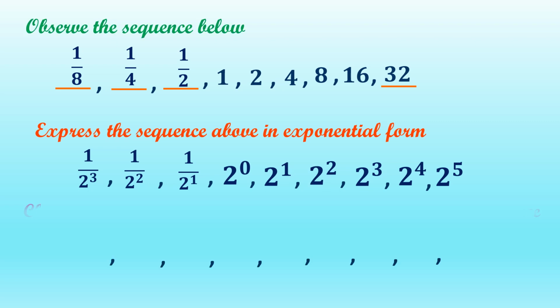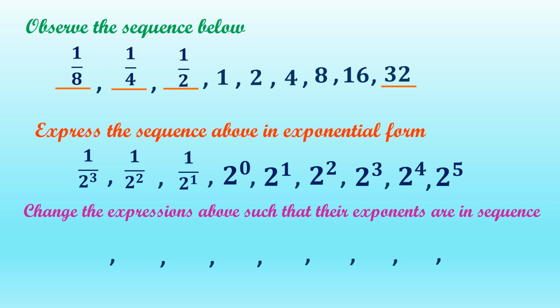Change the expressions above such that their exponents are in sequence. So we start from the right side. We just copy 2 to the fifth, 2 to the fourth, 2 cubed, 2 squared, 2 to the first power, and 2 raised to 0.